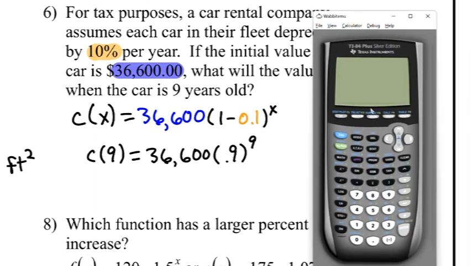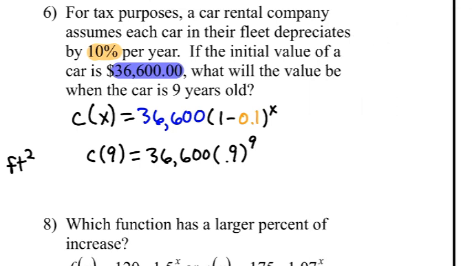So we have 36,600, and we're going to be multiplying that by 0.9 to the power 9. So that car is going to be, after 9 years, only worth about $14,179.60. And that probably is not terribly inaccurate.